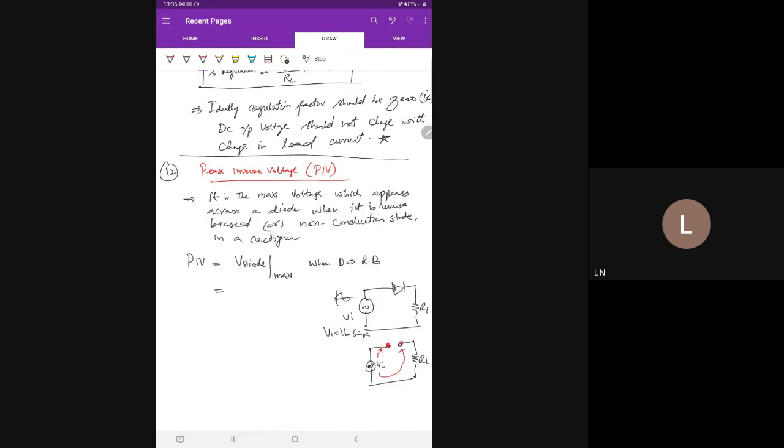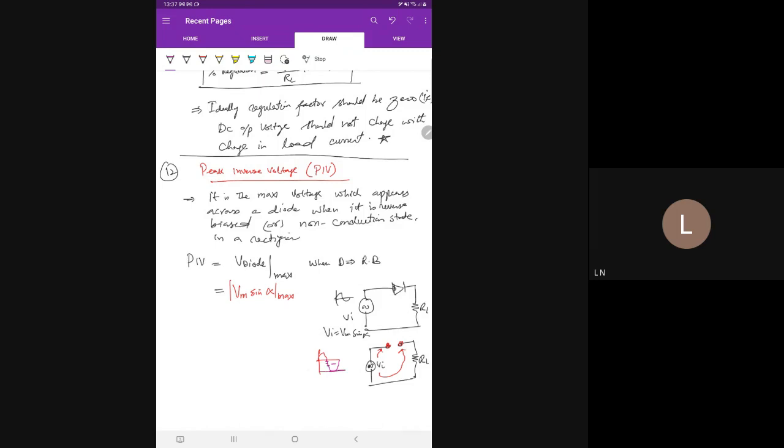So peak inverse voltage is V diode maximum when the diode is reverse biased, which is equal to Vm sine of alpha, taken at its maximum value. When the diode is reverse biased, our input will be in the negative half, and during the negative half the voltage can be smaller or much more negative.